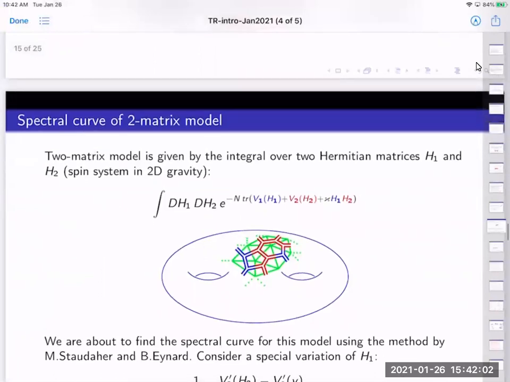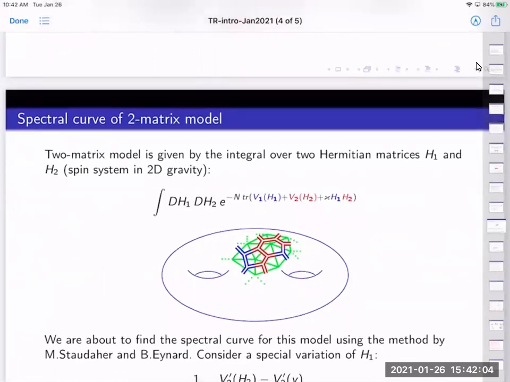This I have to skip completely, but you can have a look at the slides. It was reserved for the first lecture and I was unable to get to it. The two matrix model is another example, given by an integral over two Hermitian matrices with an interaction term of this simple form.